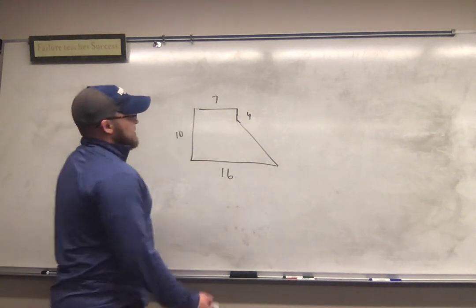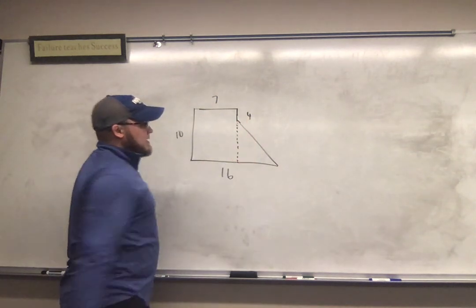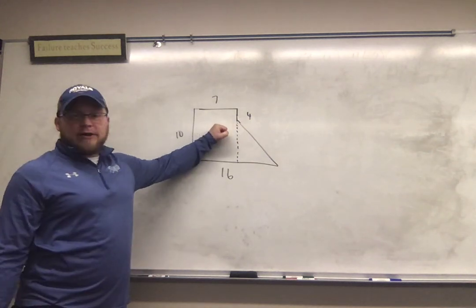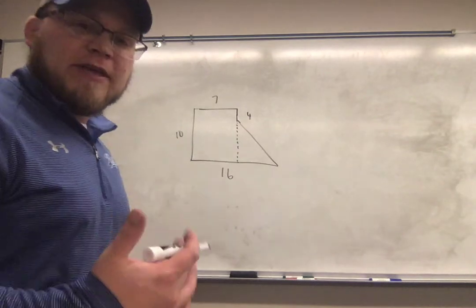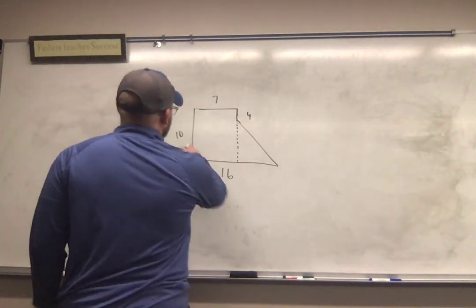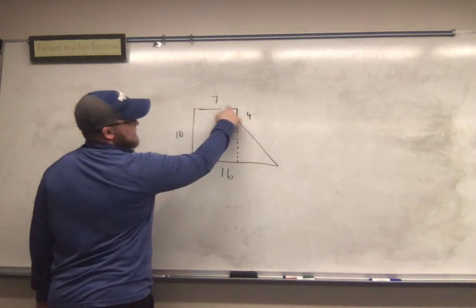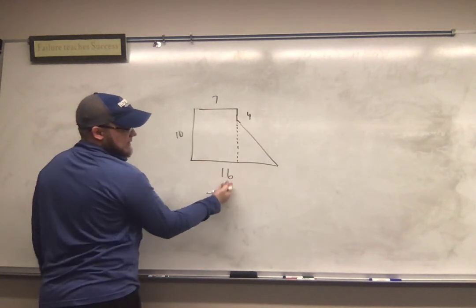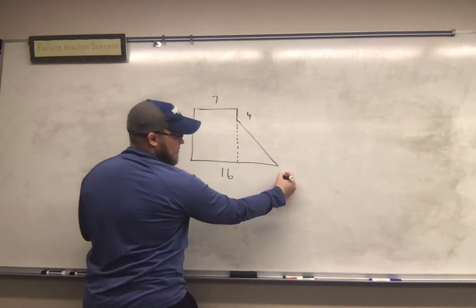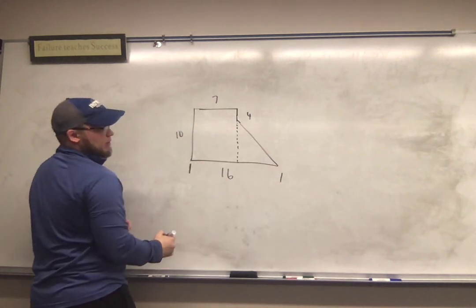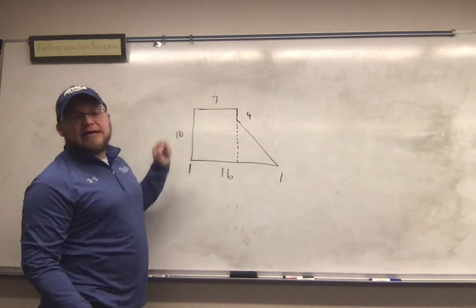I see two shapes here. If you dot this line straight down, I see a rectangle right here and a triangle right there. So what we're going to do is find the area of both figures. The area of a rectangle is base times height. This across would be the base. It says 16, but 16 is all the way from there to there. I just want from this line to the dotted line, which we can see is 7.